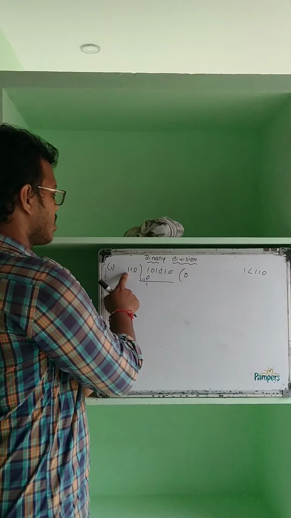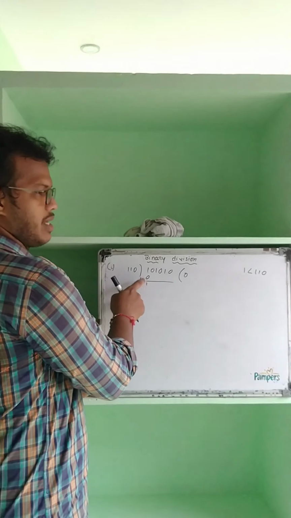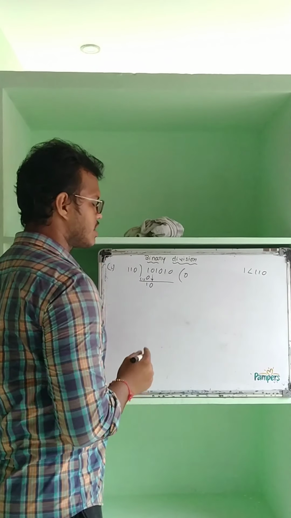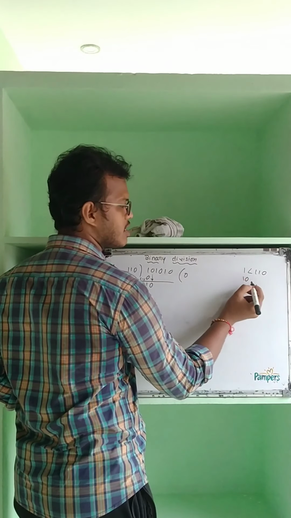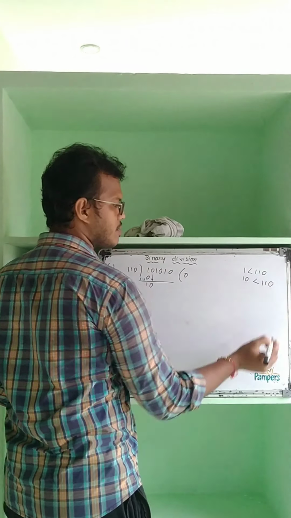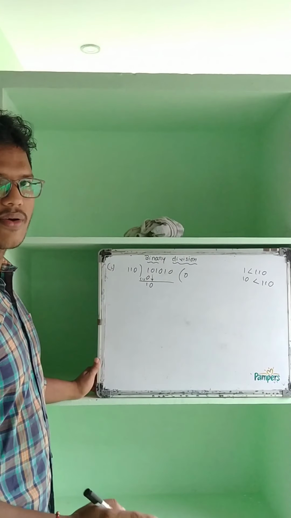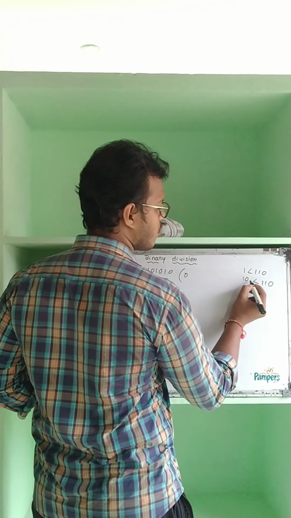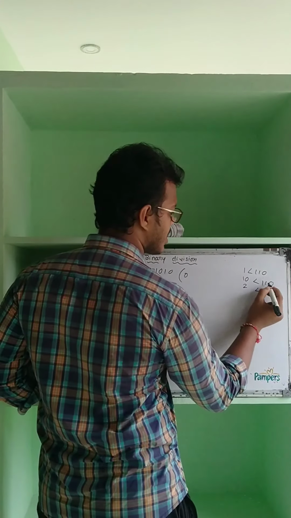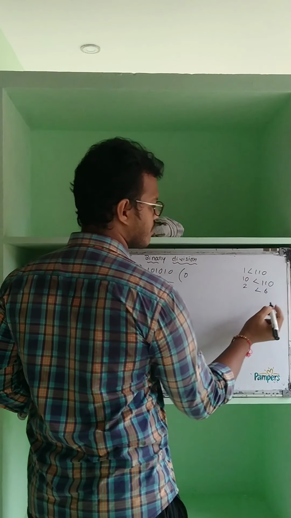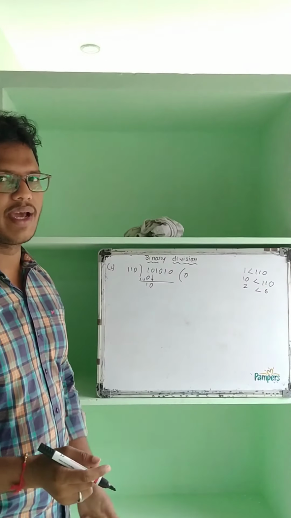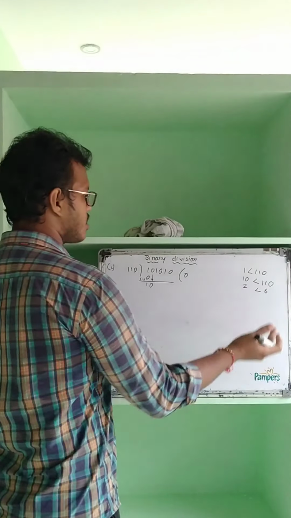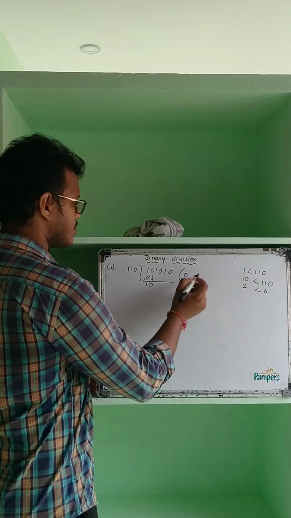Again this one is less than 110. So bring down the 0 here. You get 10. Still 10 is less than 110. You can check that 10, which is 2, is less than 6, right? 110 in decimal is 6. Still 10 is less than 110. So what do you do?